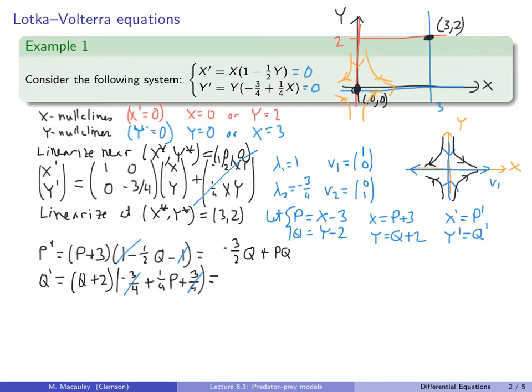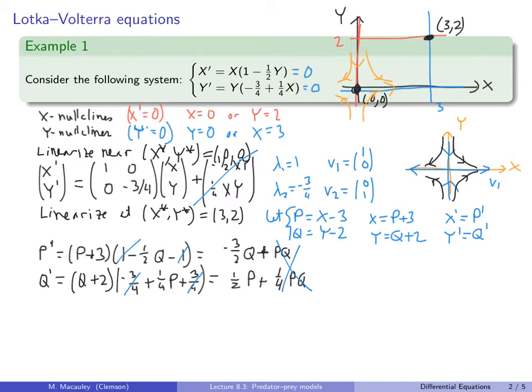And now down here we have 2 times 1/4, that's 1/2 p plus 1/4 p times q. So as we ignored these nonlinear terms before, we are going to ignore those as well.